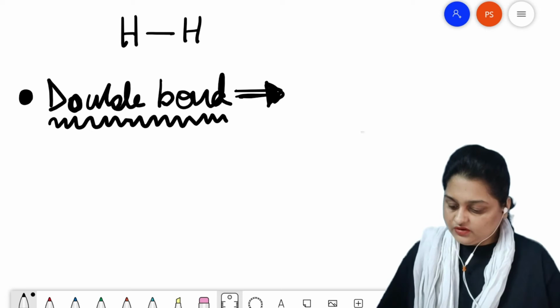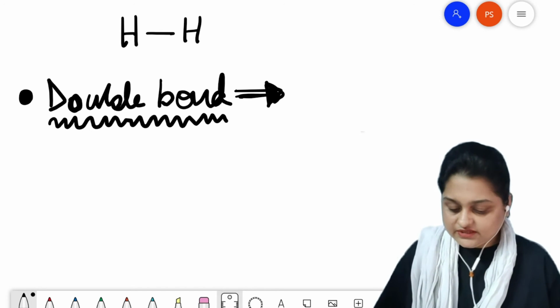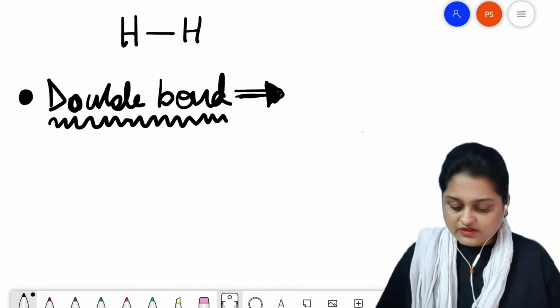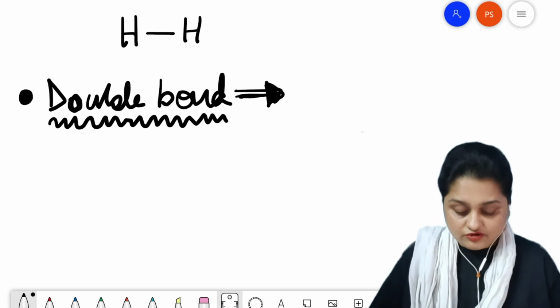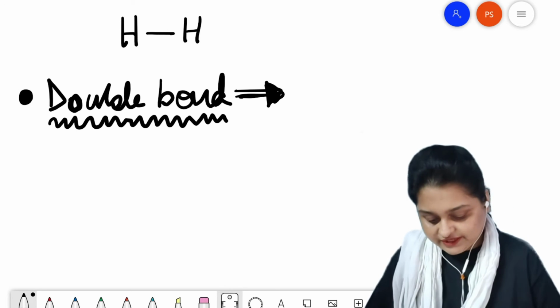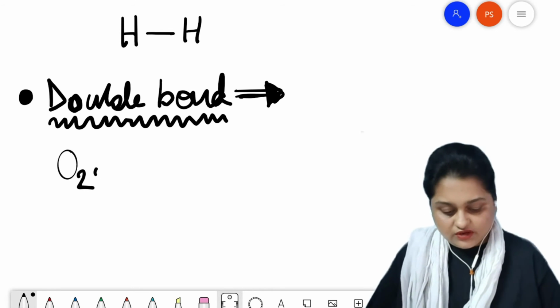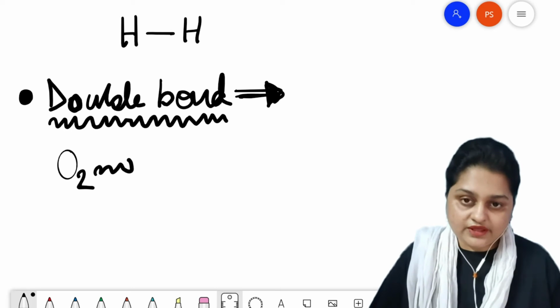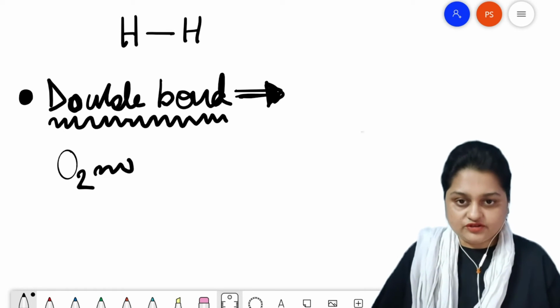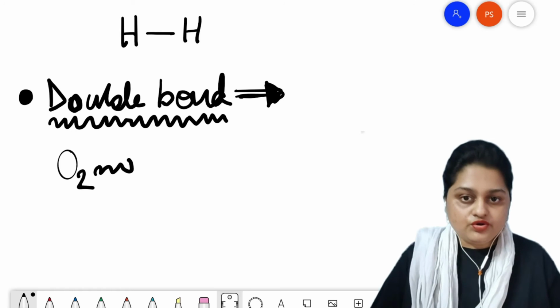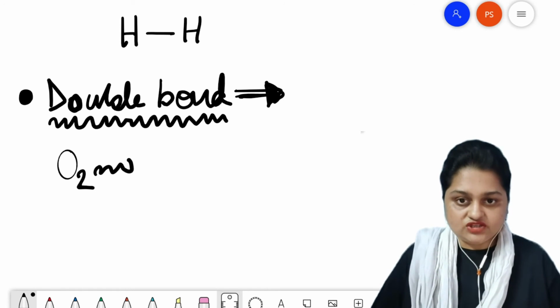To study the double bond, we need to take the example of a molecule, the oxygen, O2 molecule. Double bonds are formed when, instead of sharing one electron, atoms share two electrons from each other and thus form two covalent bonds.